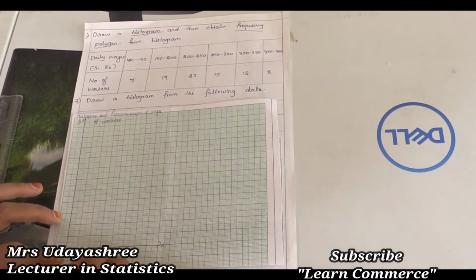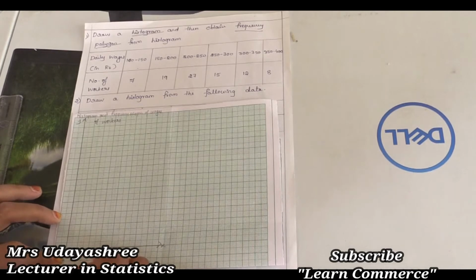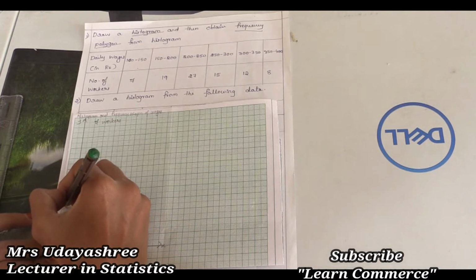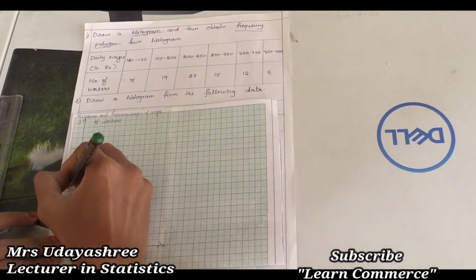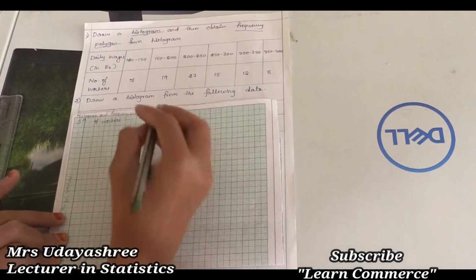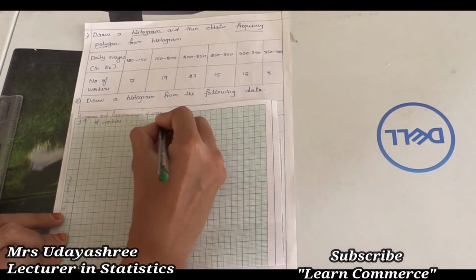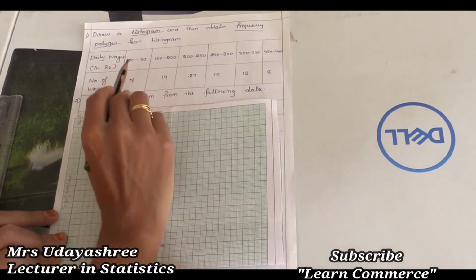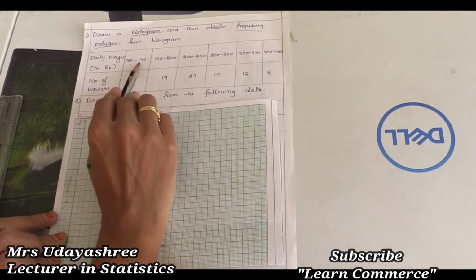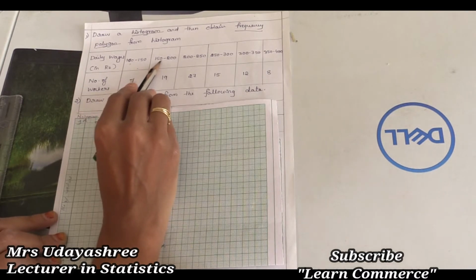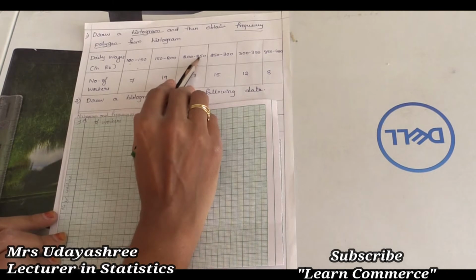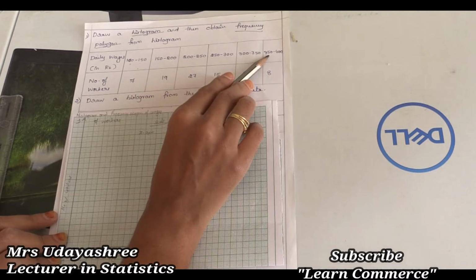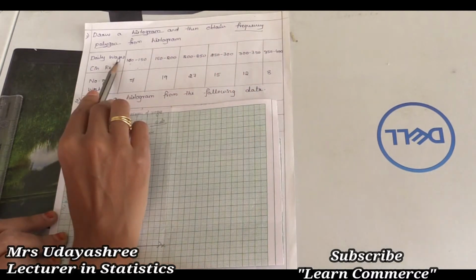Daily wages are taken along the x-axis, and number of workers along the y-axis. The observations for the x-axis are 100, 150, then 150 to 200, 200 to 250, 250 to 300, 300 to 350, 350 to 400. These are the daily wages observations.